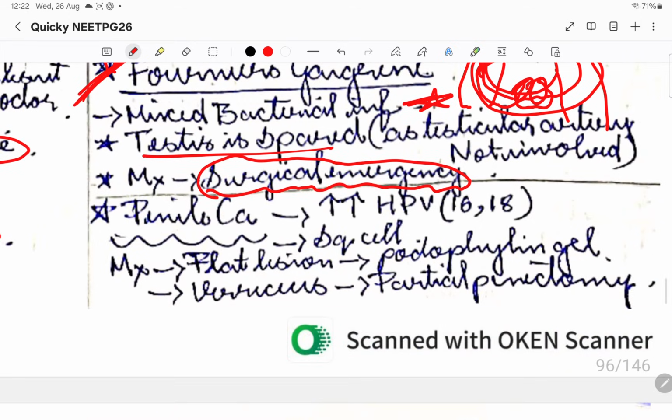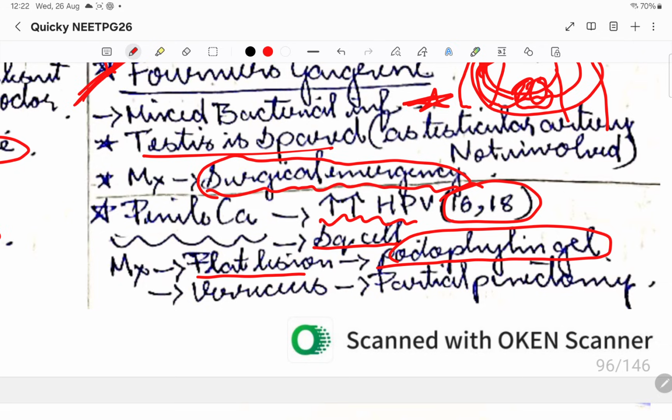Then coming to penile carcinoma. The most high risk is because of HPV, human papillomavirus, types 16 and 18. This is a squamous cell type of carcinoma. There are different variations of penile carcinoma. For flat lesions, we are going to go for podophyllin gel application.